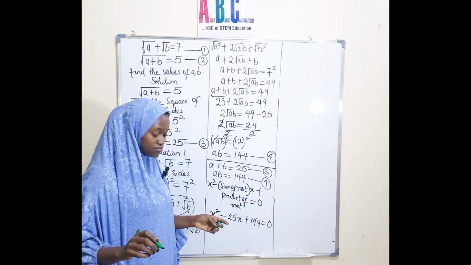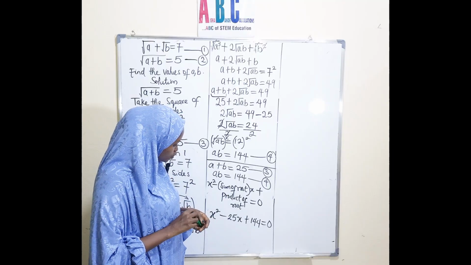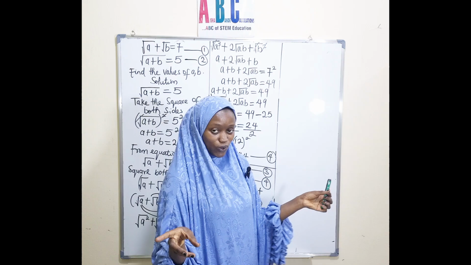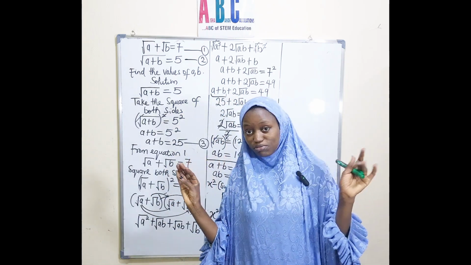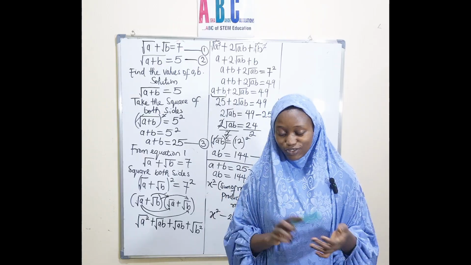This is interesting. So now we have a quadratic equation. We can now use any method of our choice. We can use the factorization method, the completing the square method, or the formula method to solve this. For the purpose of this class, we're going to use the factorization method.